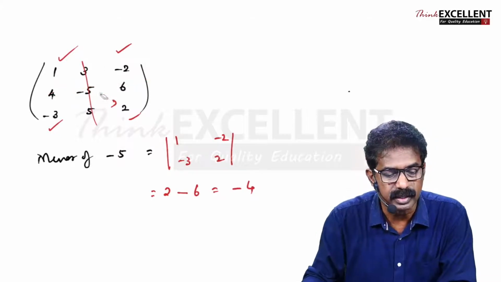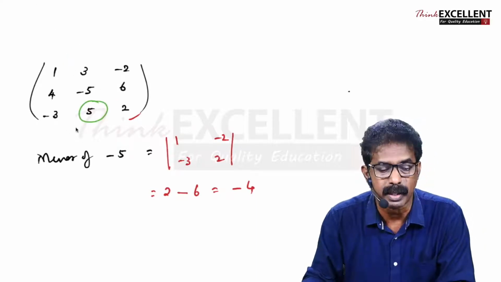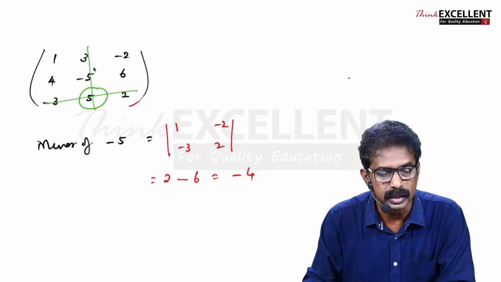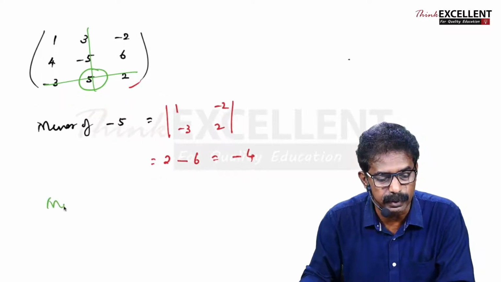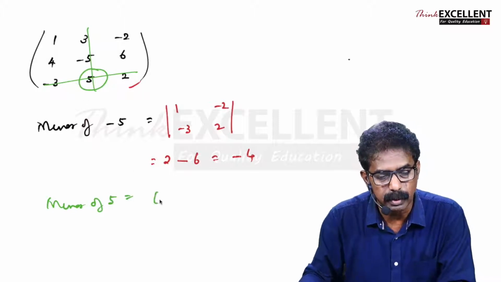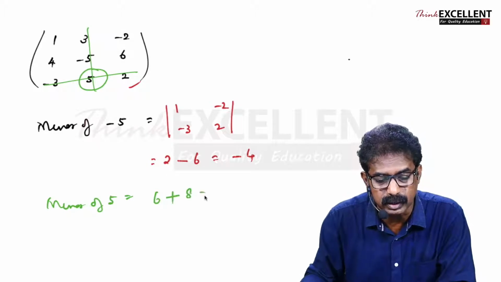Suppose I want to find the minor of 5. Leave that particular row and that column. So 1 into 6, 6, minus 4 into minus 2, minus 8, minus, so plus 8. You are getting 14.